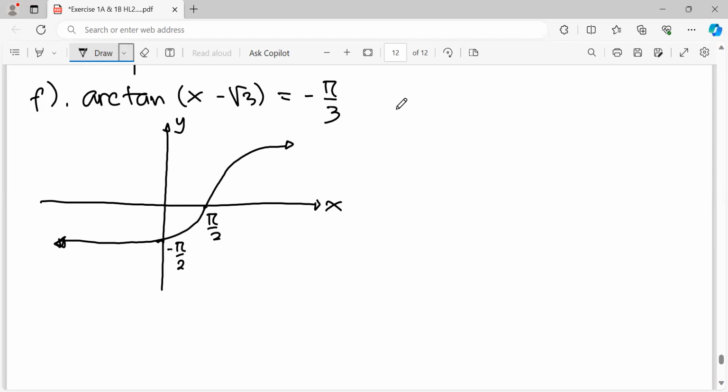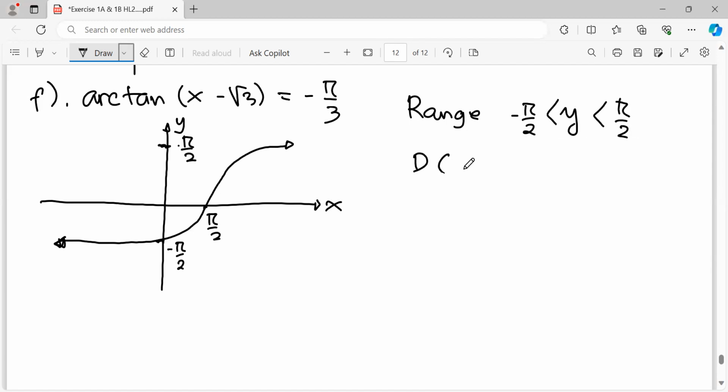So we can determine the range. Range y from minus pi half to pi half. Domain, of course, no limit.